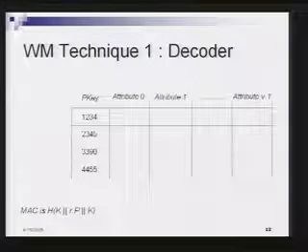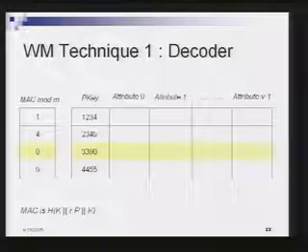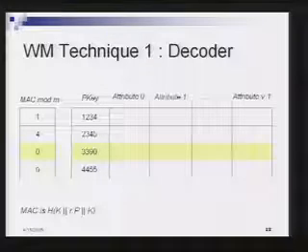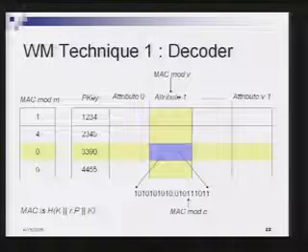How is the threshold decided upon? It's also application dependent. If you have very critical data, you would like to have this threshold in the upper 90%. It depends on the application. The decoder, same story. You compute the MAC, locate the tuple, locate the attribute, locate the data, look at the bit, and decide if it's correct or not.